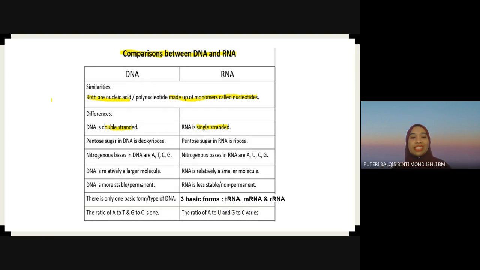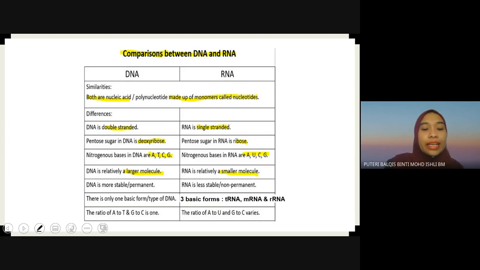Okay, so the differences are, DNA is double-stranded while RNA is single-stranded. Pentose sugar in DNA is deoxyribose while pentose sugar in RNA is ribose. Nitrogenous bases in DNA are ATCG while nitrogenous bases in RNA are AUCG. DNA is a relatively larger molecule, while RNA is a smaller molecule.